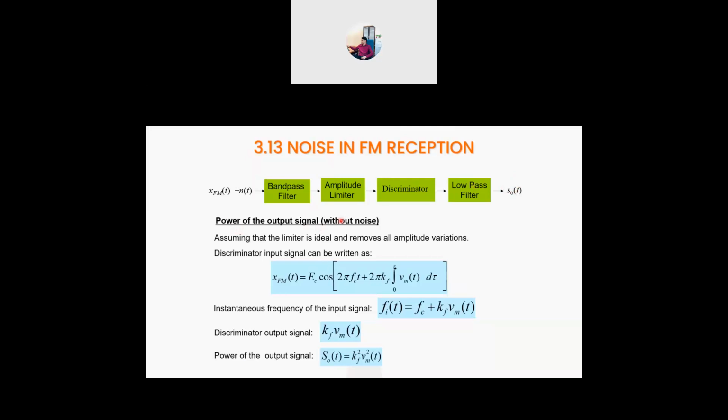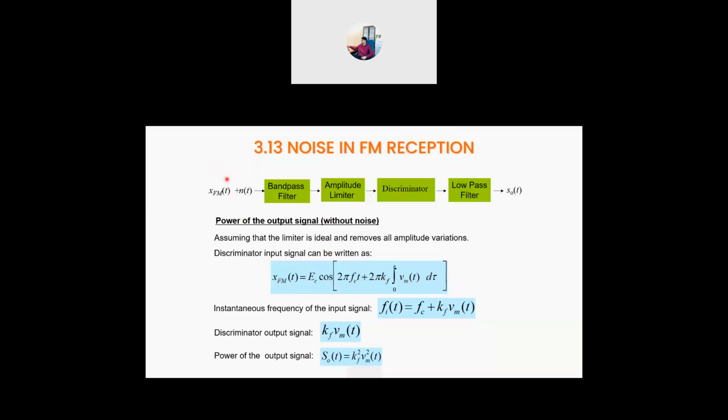So the power of the output signal without noise. If we didn't have noise, assuming that the limiter is ideal and removes all amplitude variations, the discriminator input signal, which is here, can be written as XFM equals Ec cos of 2 pi fc t plus 2 pi kf integral of vm(tau) d tau. So this is a system without noise, so you don't have the noise component.